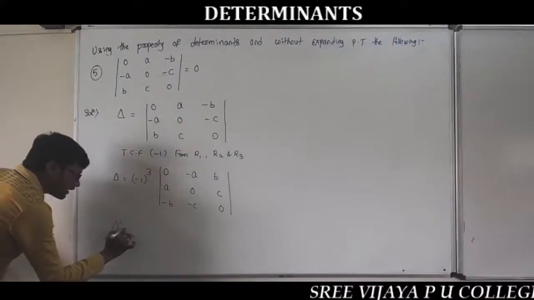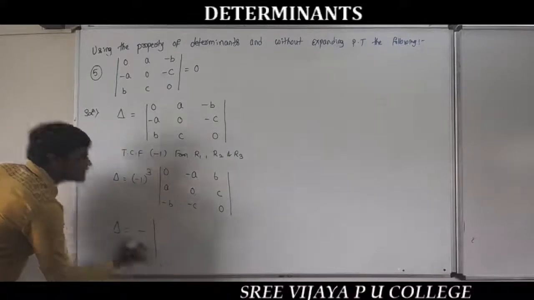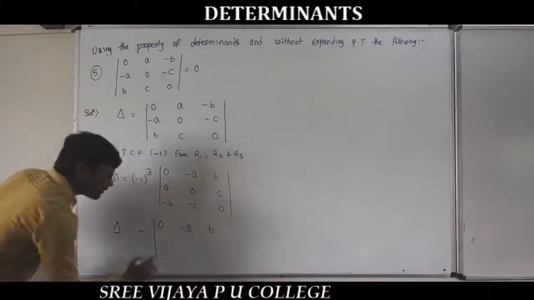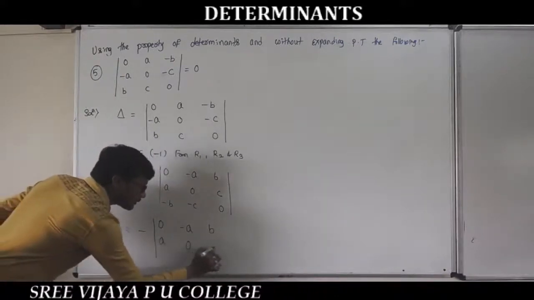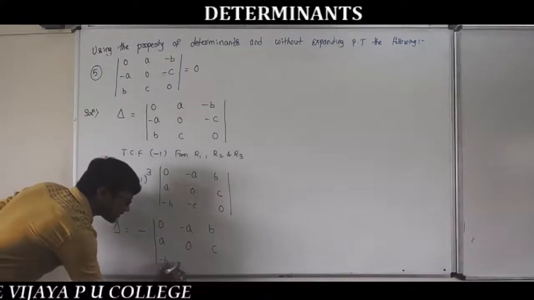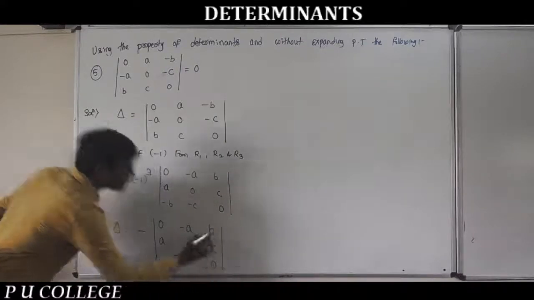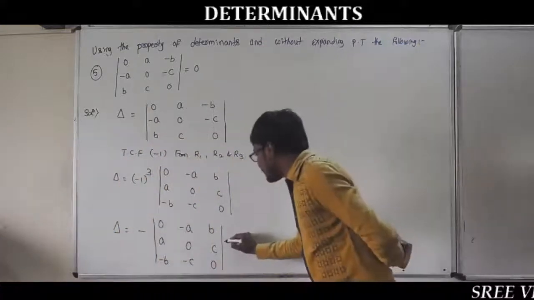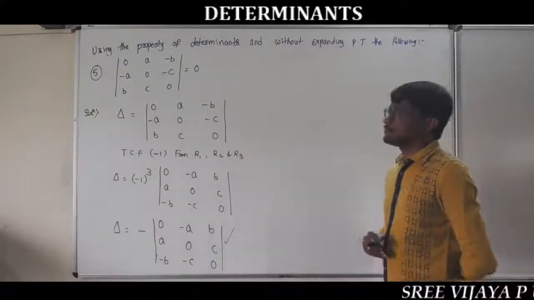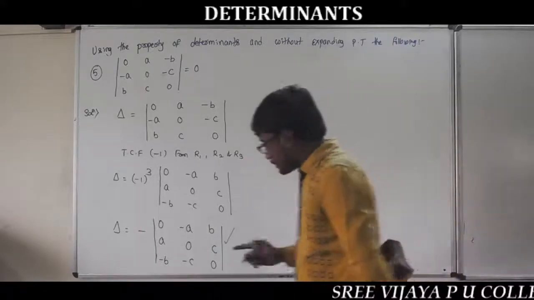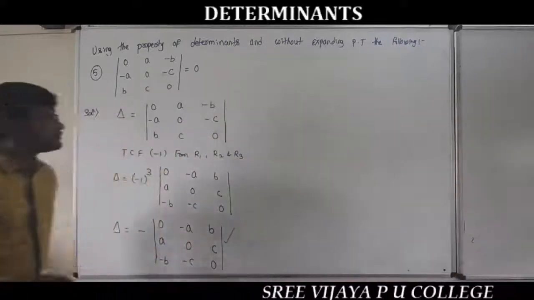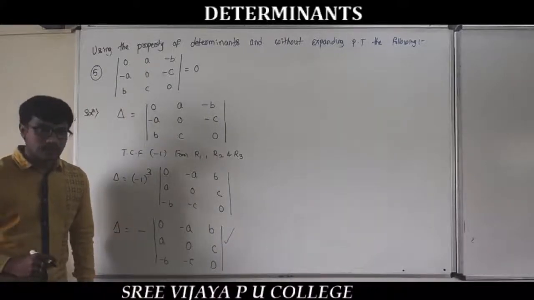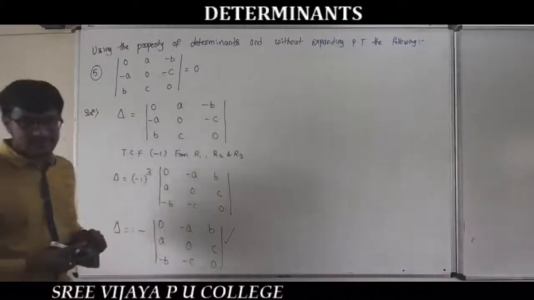So delta can be taken as minus the determinant of 0, minus a, b; a, 0, c; minus b, minus c, 0. Now see, can this be written as delta?